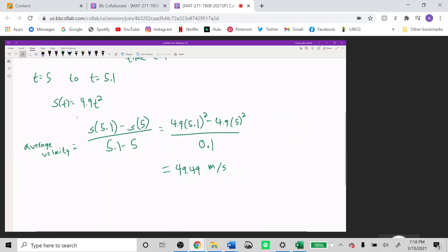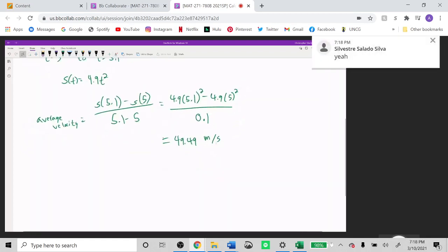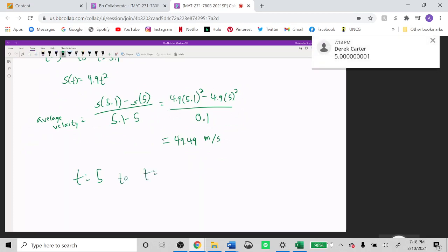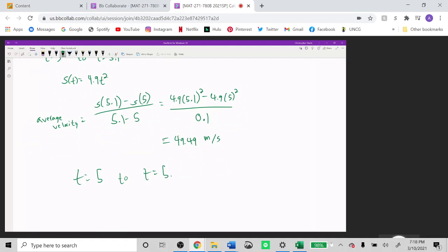Now, we can shorten this time interval. If we shorten this time interval, that should get us closer and closer to the instantaneous velocity of this object. Do we agree? Yes. So if instead of looking from time 5 seconds to 5.1 seconds, I look, for instance, from time 5 seconds to t equals 5.05, we could go that far out too, right?